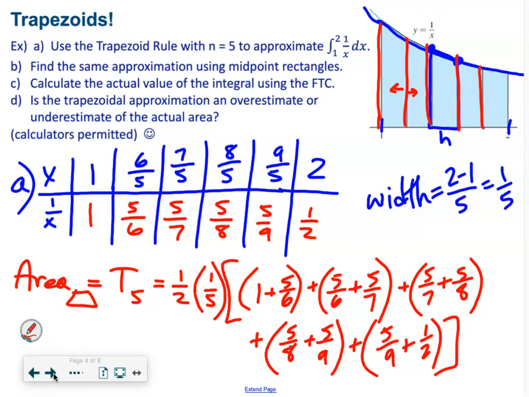Could you just do like 1 plus 2 times each of the middle ones and then plus the last one? It's a can't-you-just question. Yes, can't you just do left endpoint plus 2 times 5/6 plus 2 times 5/7 plus 2 times 5/8 plus 2 times 5/9 plus right endpoint? Yes, absolutely you can. Mathematically, it's exactly the same.